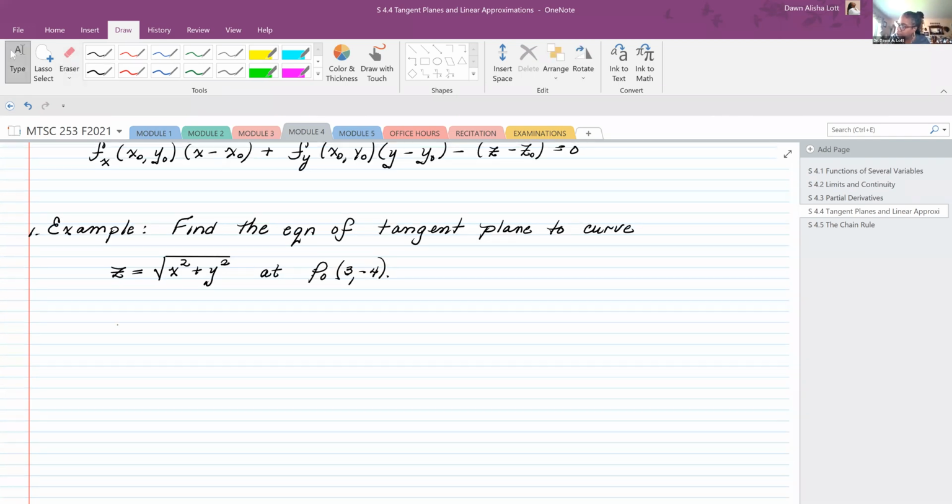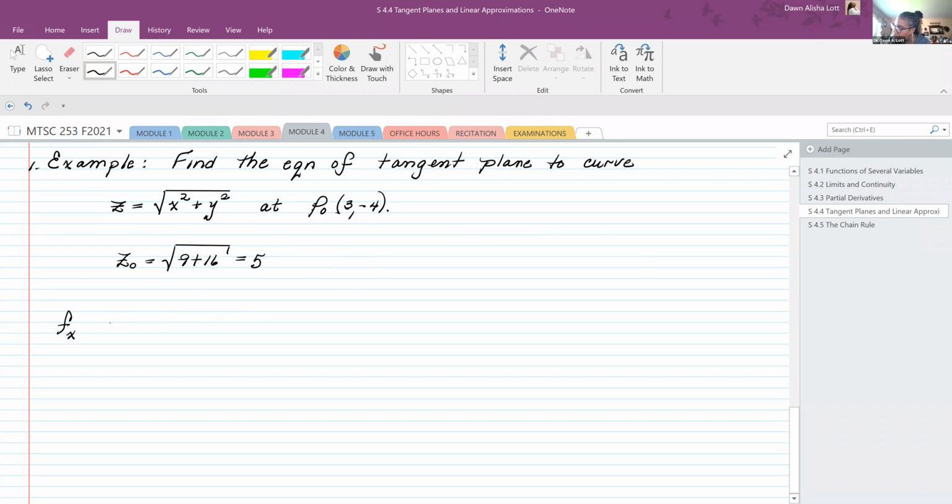So z naught is the square root of 9 plus 16. So that's 5. Now we need to find f sub x.